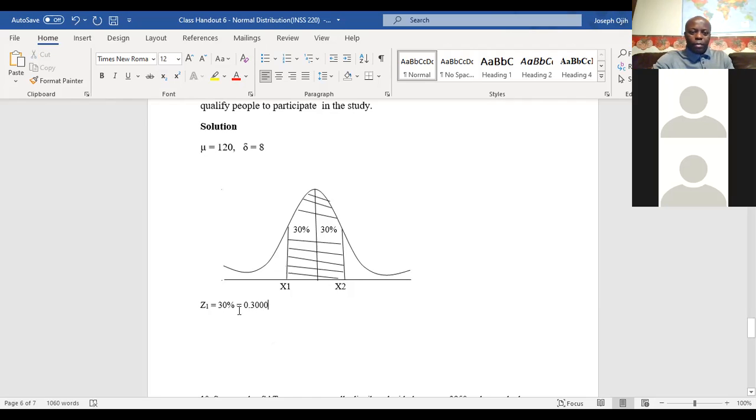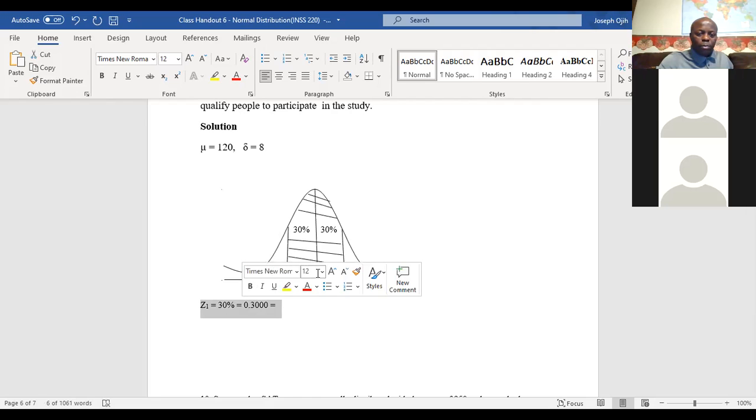Because of symmetry, Z1 will be the same as Z2, except that Z1 will be negative to show that it's on the left side, and Z2 will be positive to show that it's on the right side. So let us find Z1 first of all. We'll look for 0.3 on the table of normal distribution.